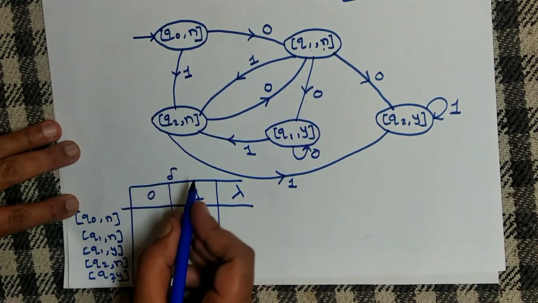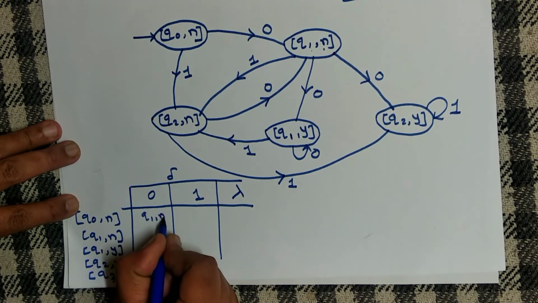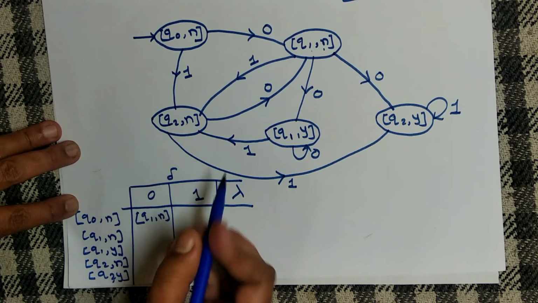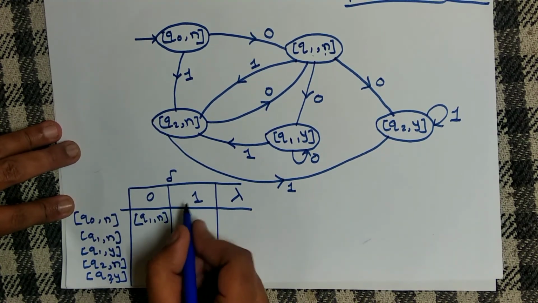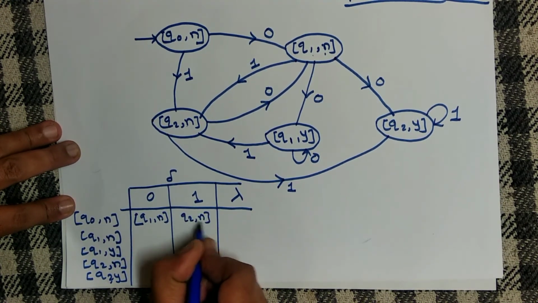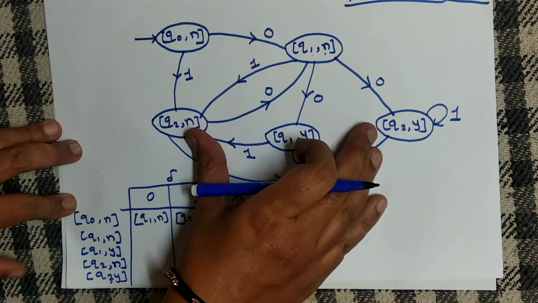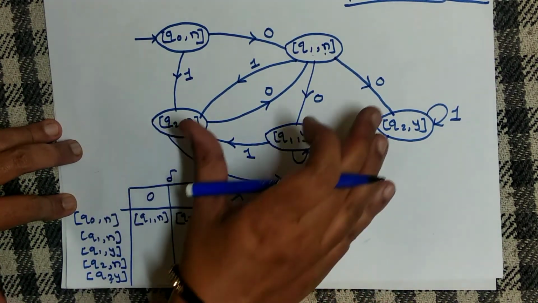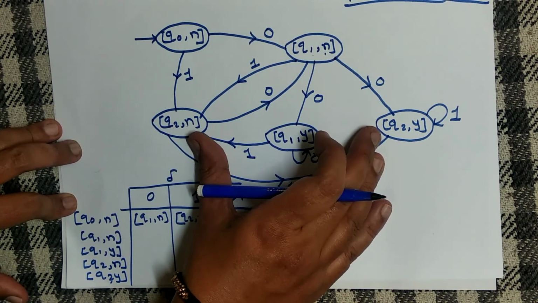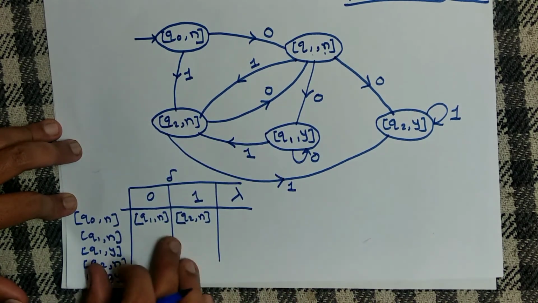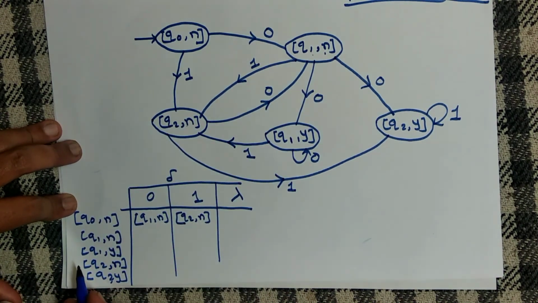Okay. See, Q0n by taking 0 goes to Q1n, and Q0 by taking 1 goes to Q2n. So it's very simple. Just observe this converted Moore machine. We converted it from the Mealy machine and we drew it. By observing this diagram, just put the transitions in this transition table.